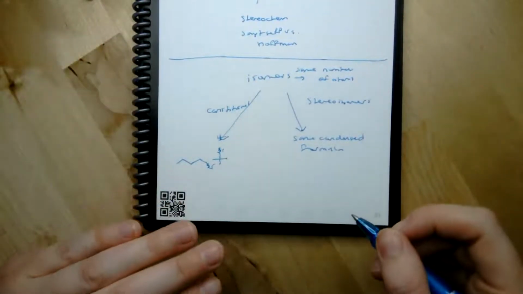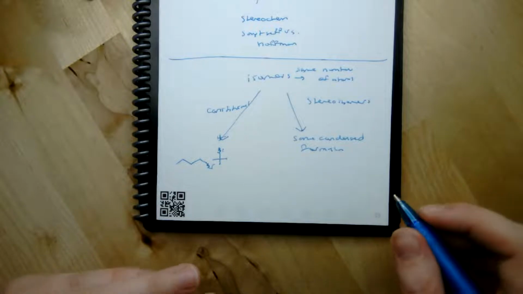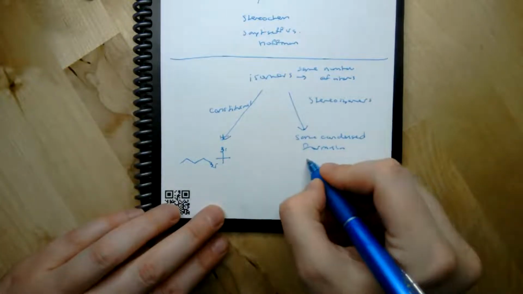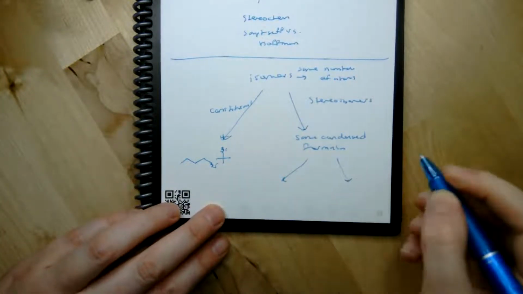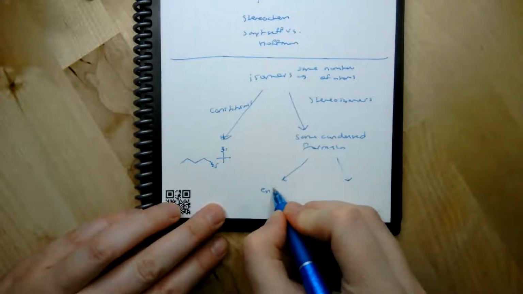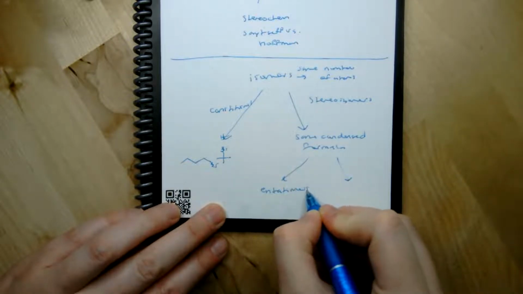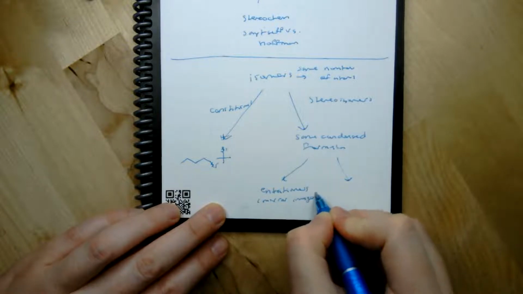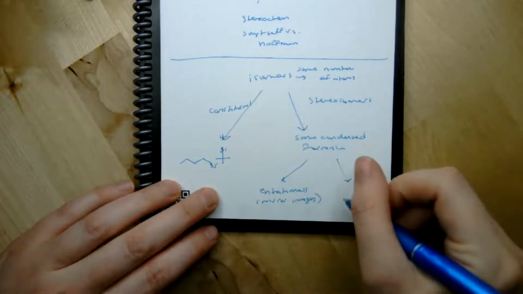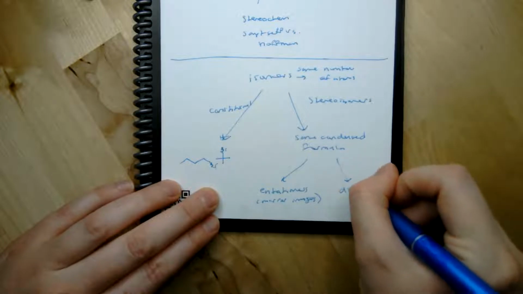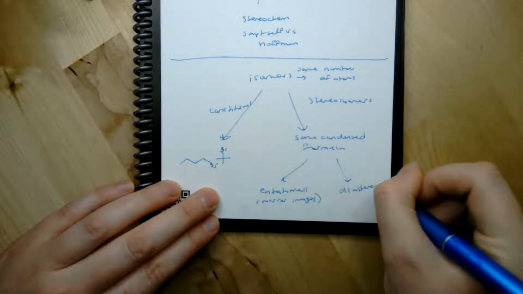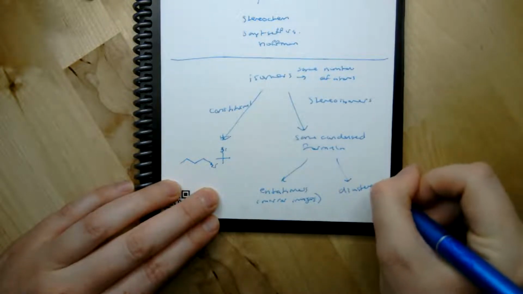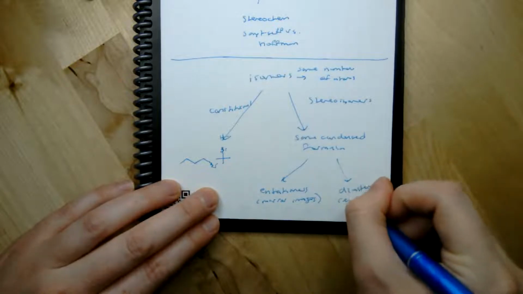When I think of the 3D component, I think of that in 2 categories. One is enantiomers, which are mirror images that are not superimposable, and the other is diastereomers. Diastereomers is everything else.